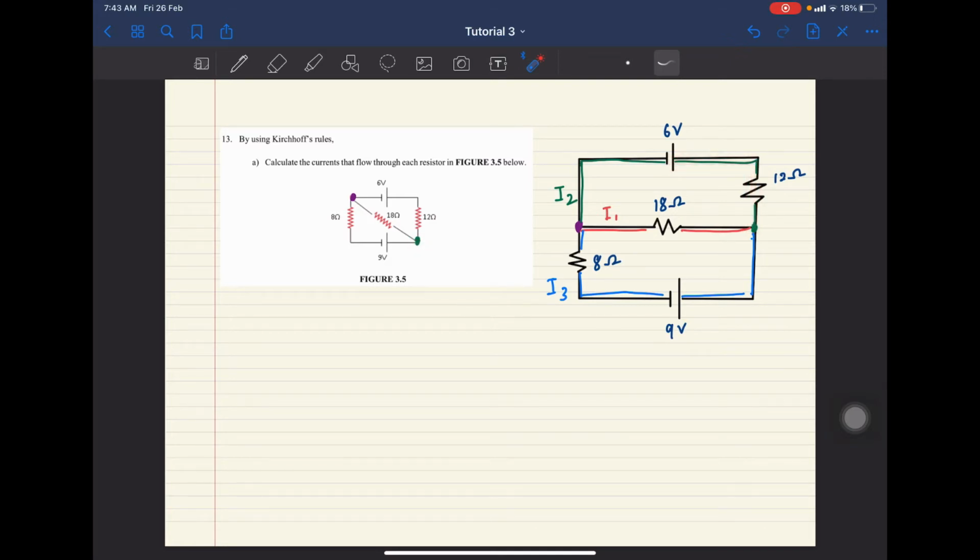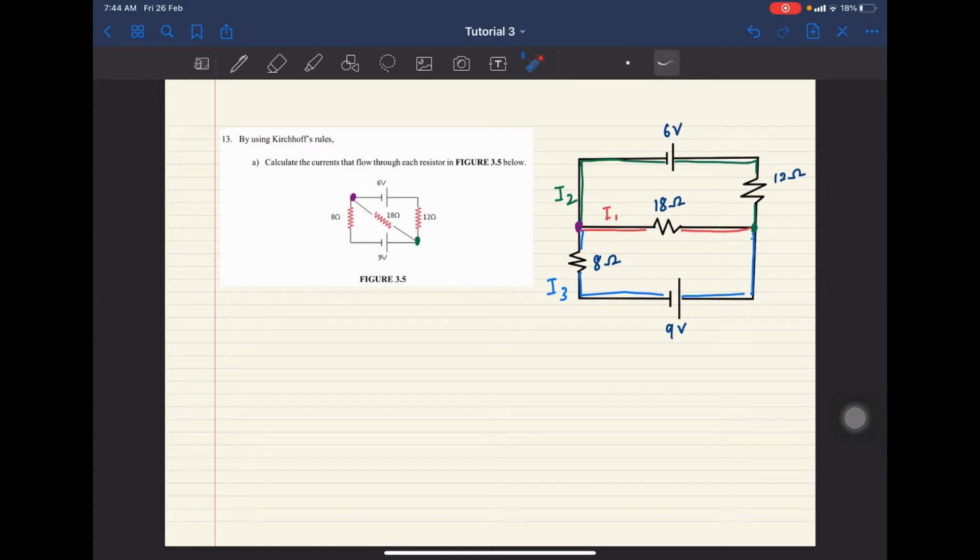Okay, then this junction splits into 2. One is this one, 18 ohm, and then that one is another junction. This one I just rearranged so that it looks squarish like this. Okay, and after that, from that junction, it goes back to the negative terminal.